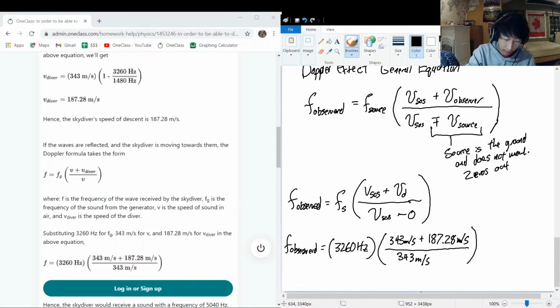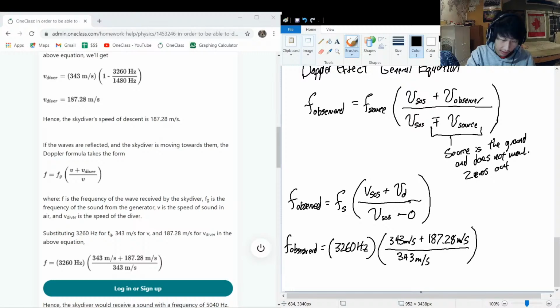Okay, now I was sending this to my calculator to figure what this is. 3260 multiplied by the fraction of 343 plus 187.28 all over 343.